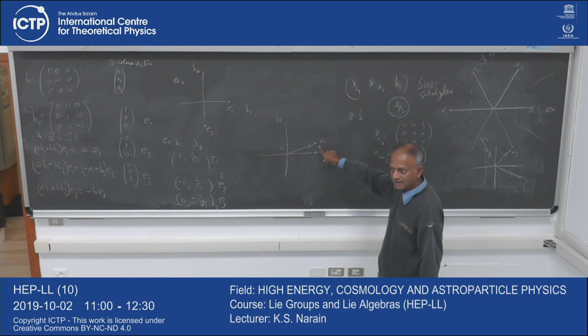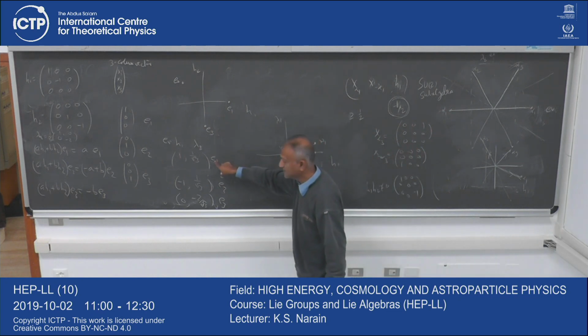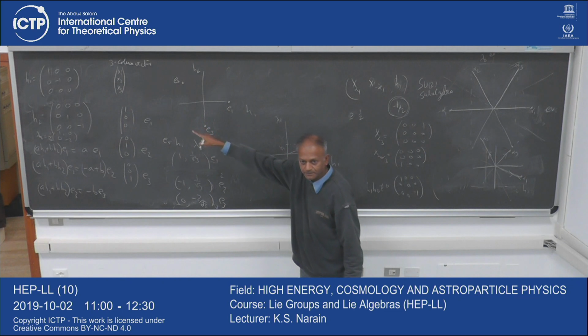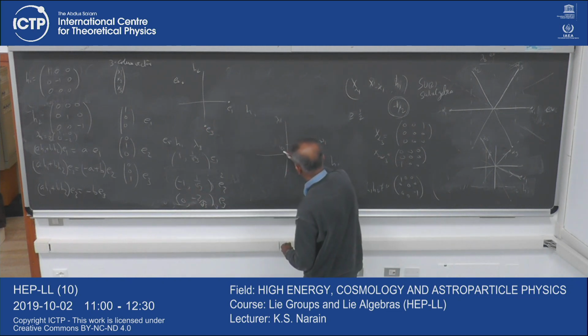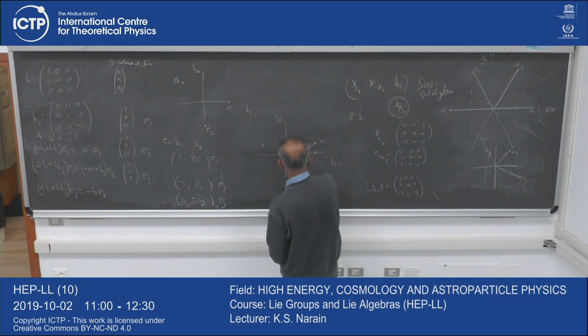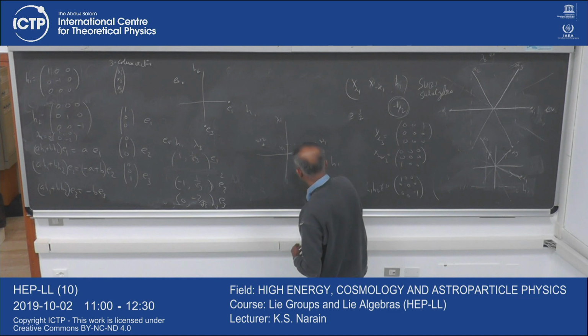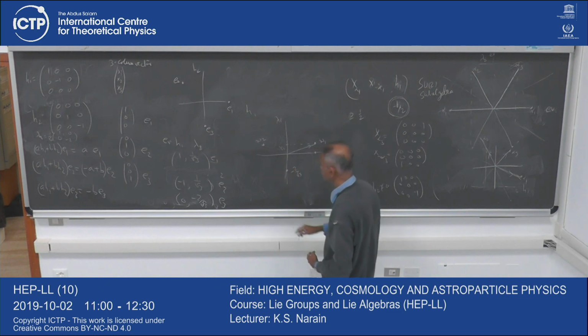So W1 is the weight for E1 for this eigenvector. Here you just get -1, 1 over root 3. So it is here, so it's just a reflection of this. That is W2. And W3 is two units of that. This is not very precise, the scale. So this is -2 over root 3, this part.